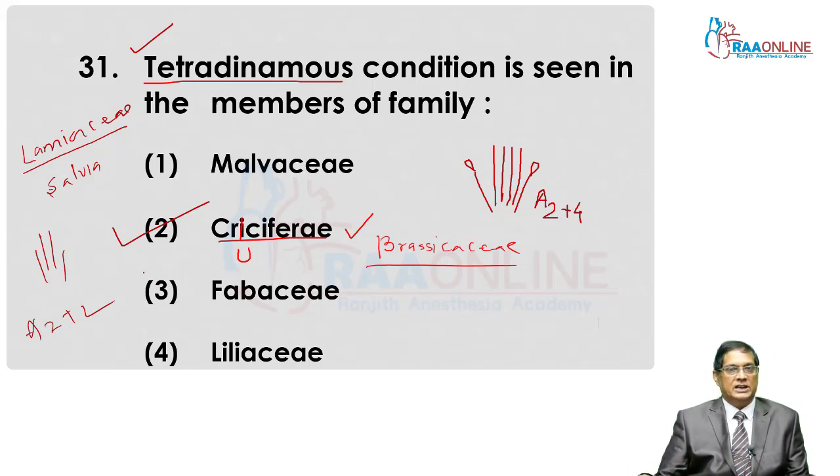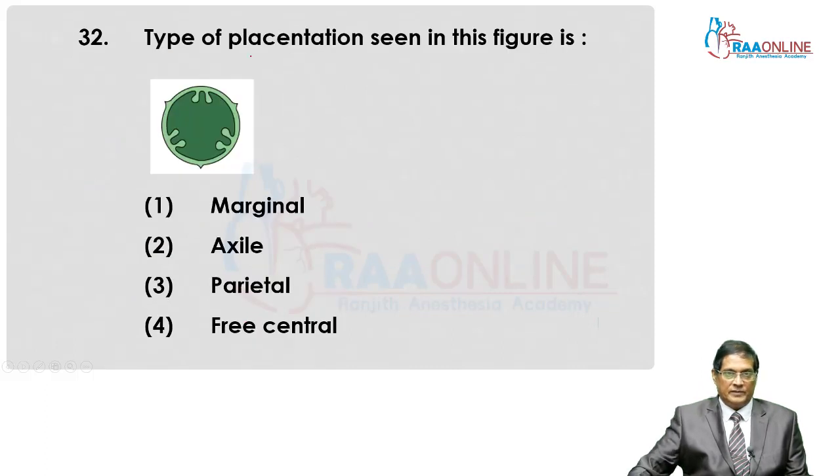Tetradynamous has 4 inner long and 2 outer short. In didynamous, 2 inner are long and 2 outer are short. It is applicable for Salvia. So here the answer is Cruciferae, which is also known as Brassicaceae.